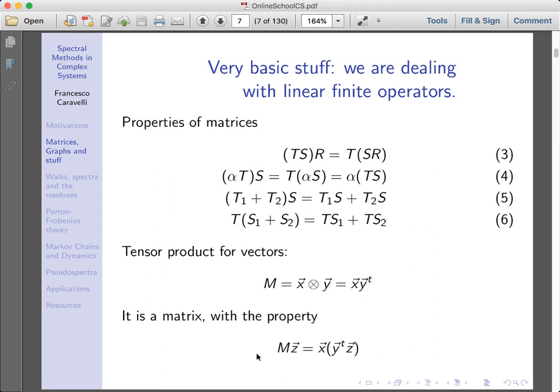Just for those who never saw this, suppose I define the tensor product of two vectors as a matrix, and if you apply it to a vector z, then all it does is spit you back the vector x, which is the one defined on the left of the tensor product, multiplied by a scalar, which is the dot product between y and z.